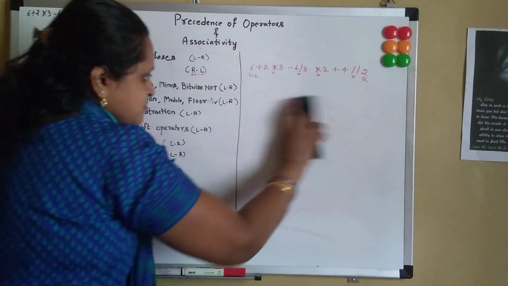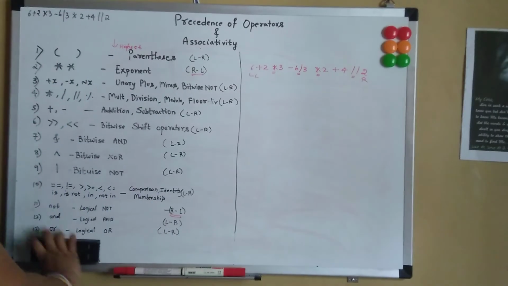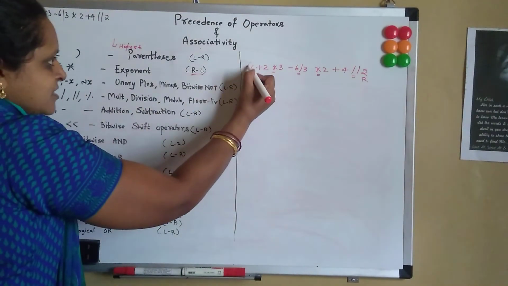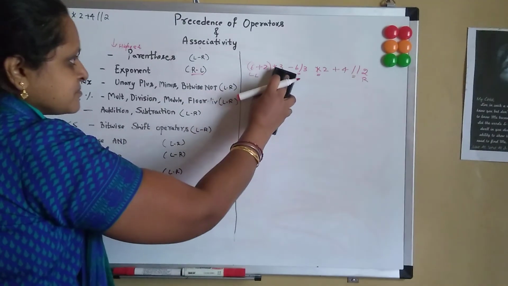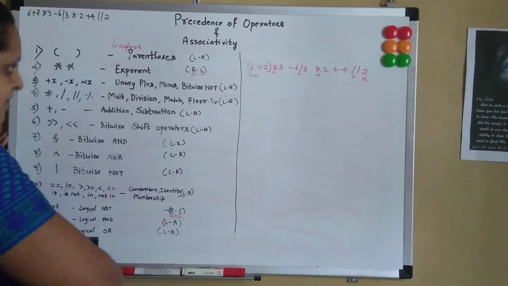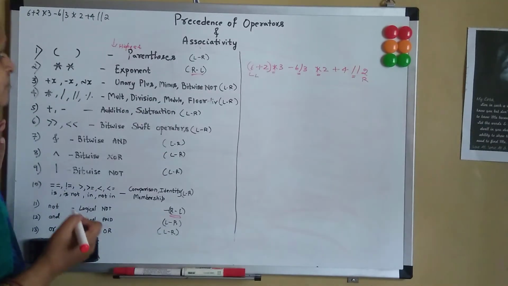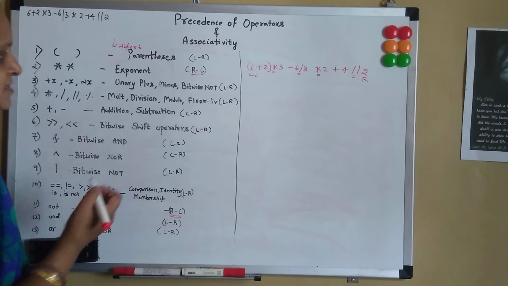Now for the same expression, let me add a parenthesis for 6 plus 2. In this case, parenthesis is at a higher priority, higher precedence.